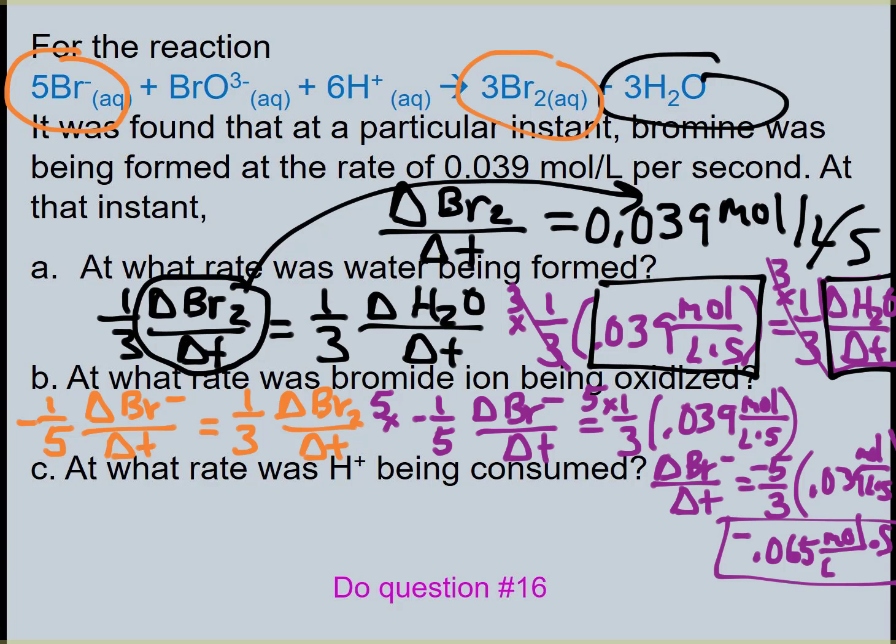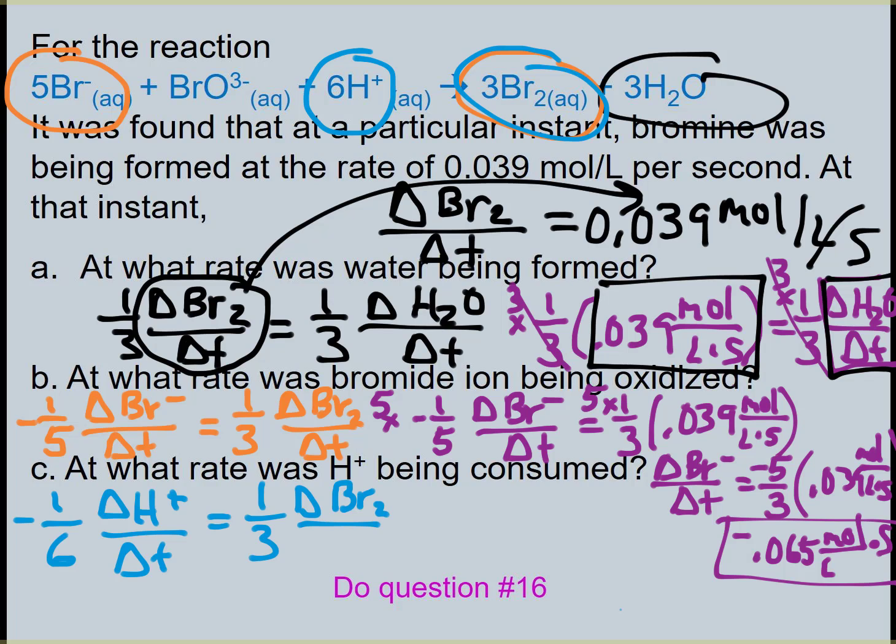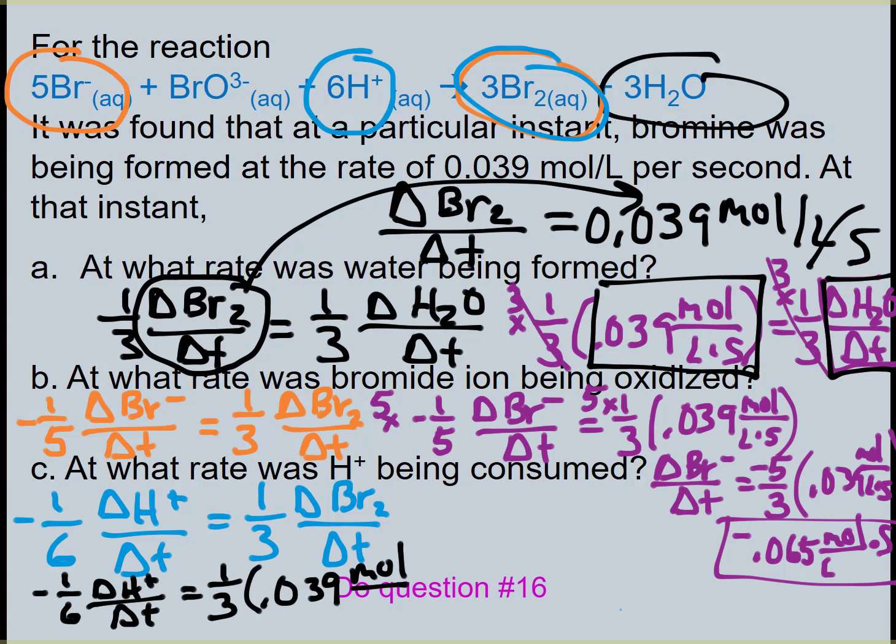We have one more. So this one is comparing that bromine to the hydrogen. So we have a 6:3 ratio. So I'll go ahead and set that up. So this coefficient, that 3 turns into 1/3. Let's plug in what we know. Moles per liter times S. So I'm going to multiply each side by 6.